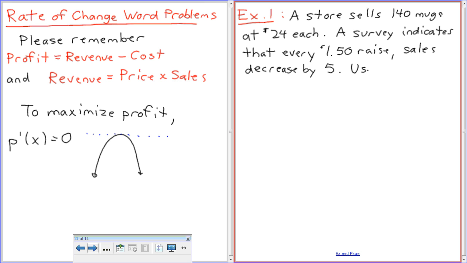Use calculus to find the price of the maximum revenue.